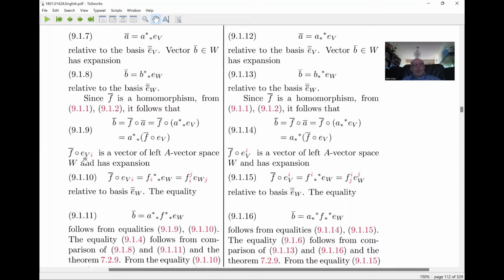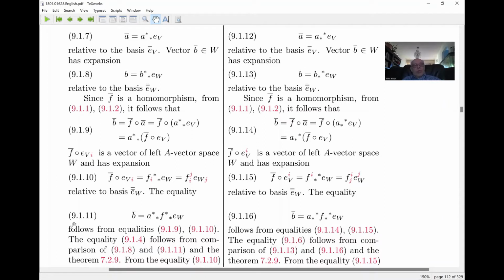Image of vector e_V i of the basis e_V is vector of left A vector space W and has expansion 1.10 related to the basis e_W. F_i is image of vector e_V i related to the basis e_W and has coordinates F_j i relative to this basis.